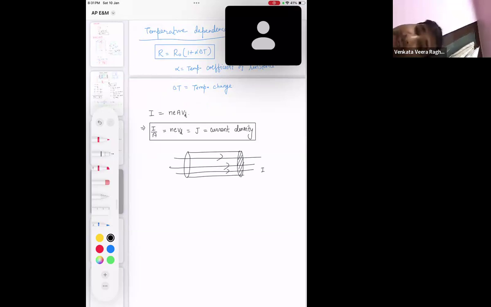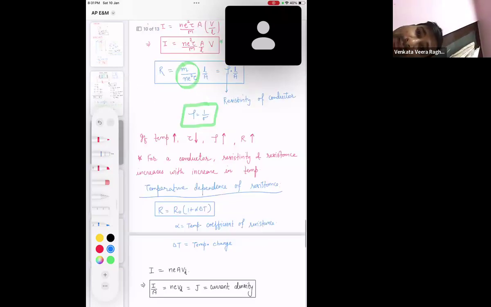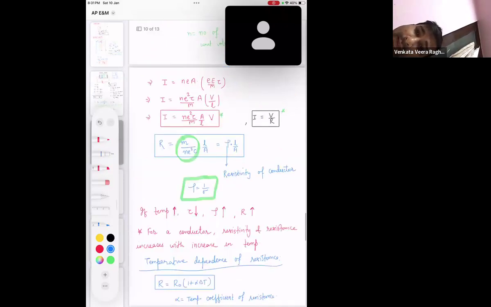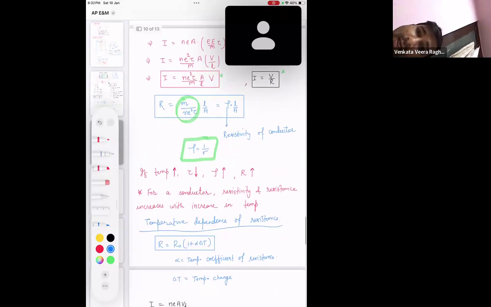If you simplify it, the current density can be written in a different form also. Can you write the current like this? Current equals N e square tau by m, A by L, into V. Check it.